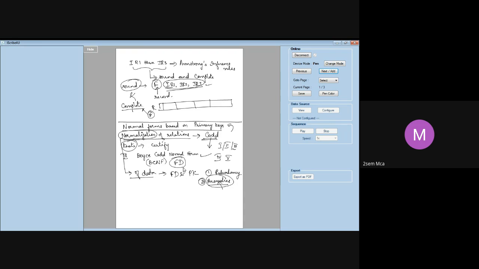So when I say normalization of data, the given relation schema is analyzed based on the functional dependency between the attributes and the primary key. What do we want to achieve?